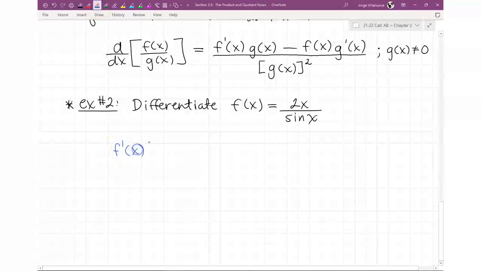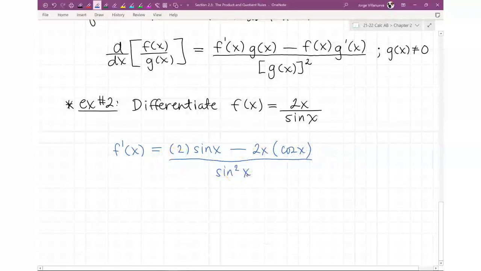F prime of x. Well, the derivative of the top, right? So this one is not first one first, second one second. This is numerator first, denominator second, okay? So the derivative of the numerator is 2 times sine of x minus 2x, the derivative of sine of x is cosine of x, and that's divided by sine squared x, right?